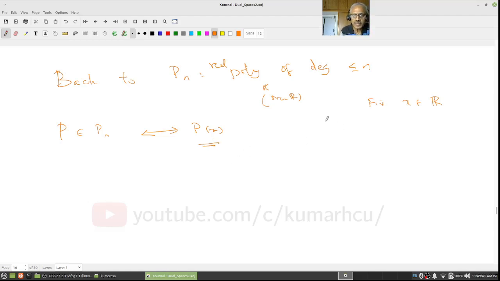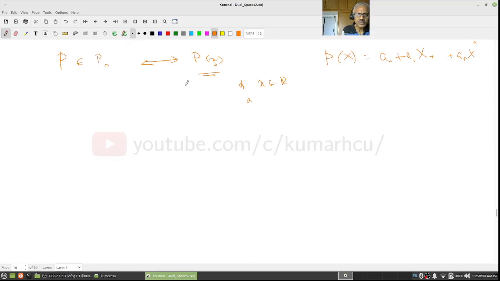I will write any polynomial in terms of capital X: a0 plus a1 capital X plus ... an capital X power n. Small x is a real number. If you want, think of it as alpha or a if that confuses you.